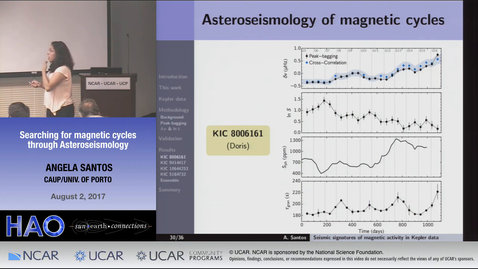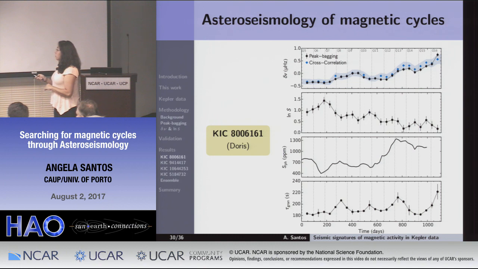And the goal of this comparison was first to check if our results are consistent with other methods, and second, to check if we are able or not to get smaller error bars. And we also were able to get smaller error bars.